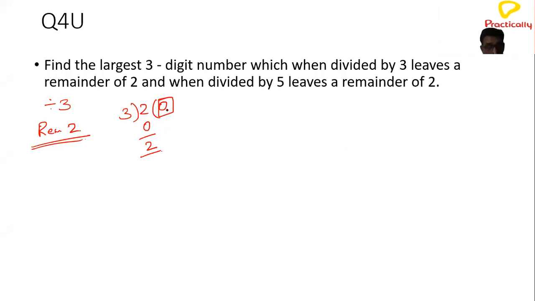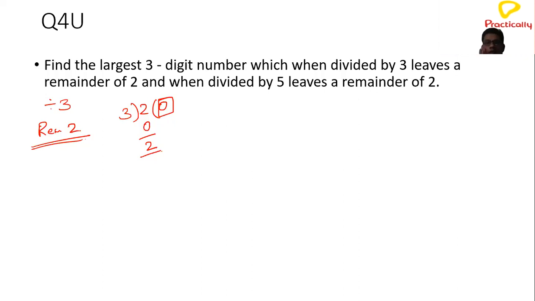Please understand, when I'm dividing a number, the quotient can be 0. There is no rule of divisibility in that case. When do we say a number is divisible? We say a number is divisible when it does not leave any remainder. And the quotient should be an integer. That's very important. I cannot write the quotient as 1.5.